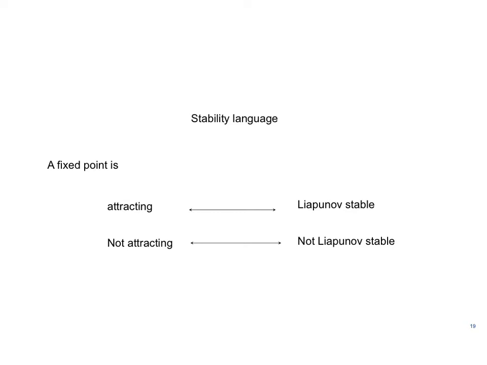And the other one is just a repeller, so you just have the opposite situation. But this is something that not many people think about, this case. So you have a case that is not attracting but is Lyapunov stable. This could be very strange, but actually we just saw it.